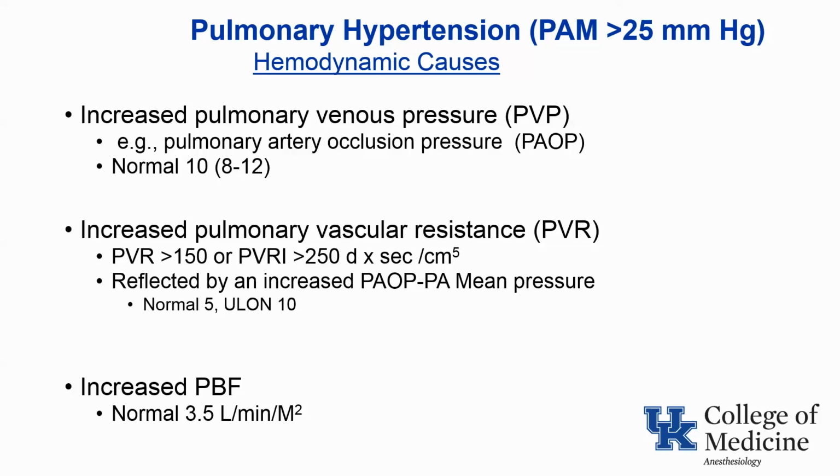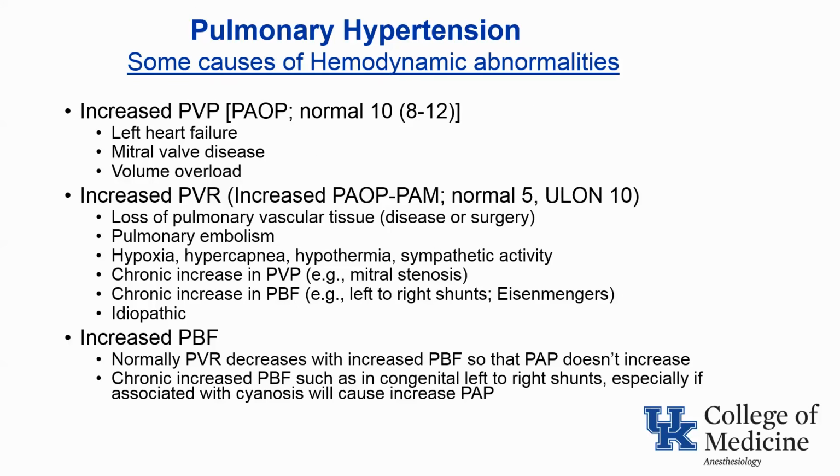Note that I have erroneously misarranged the increased pulmonary vascular resistance gradient. It should be pulmonary artery mean pressure minus pulmonary artery occlusion pressure. On this slide, I have summarized some of the causes of these three hemodynamic abnormalities.